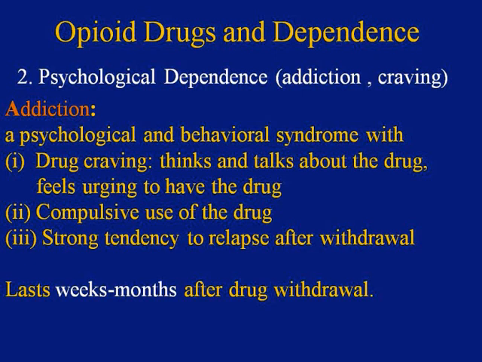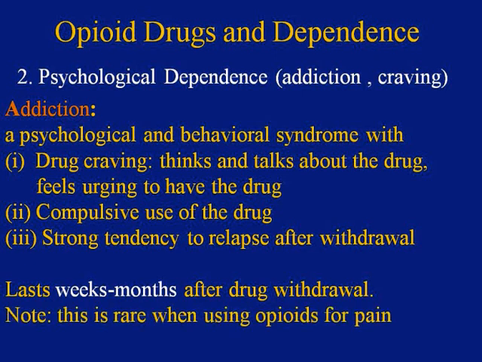He feels the urging to have the drug, and he's compelled to use the drug. Therefore, if the patient is trying to stop taking this drug, there is a strong tendency to go back to the drug because of this craving and compulsive use, and this will go on for weeks to months after the drug has stopped and after the physical dependence is over.